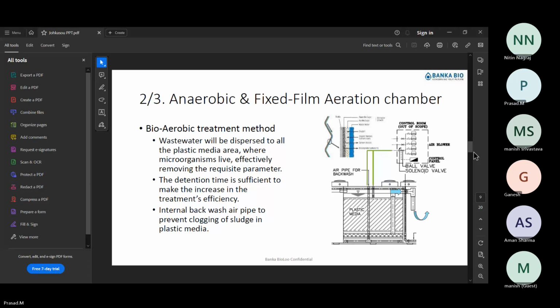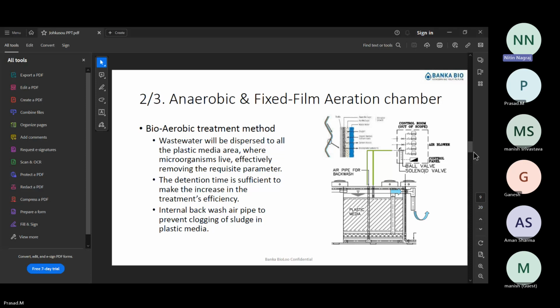Understood? In conventional treatment, whether activated sludge process or MBBR process, they have the oil and grease trap and bar screen chamber and so on, and then it goes directly to the aeration tank. They don't have this solid separation tank and anaerobic tank. So they are targeting the COD BOD in the aeration tank itself.